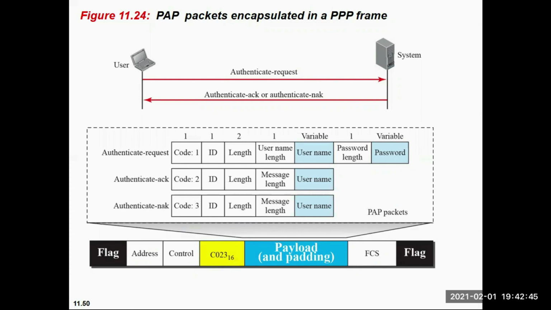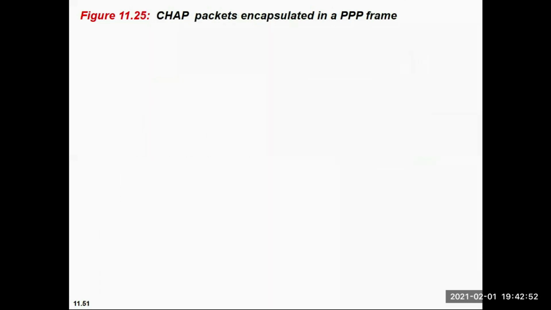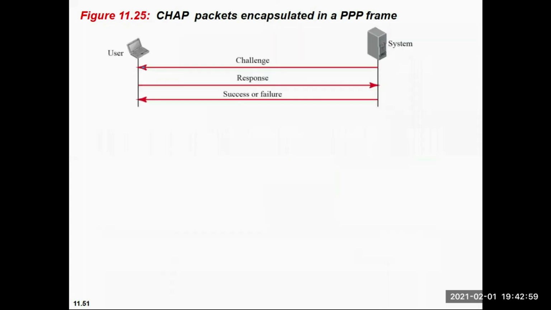Now we will see the Challenge Handshake Authentication Protocol, that is CHAP, and how it is encapsulated in the PPP frame. In CHAP, there will be a user and a system. The system will send a challenge, the user will respond to it, and the system will send either success or failure.